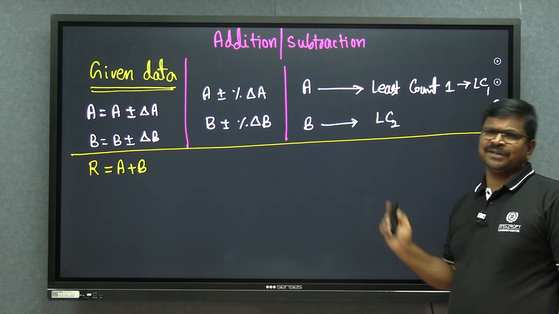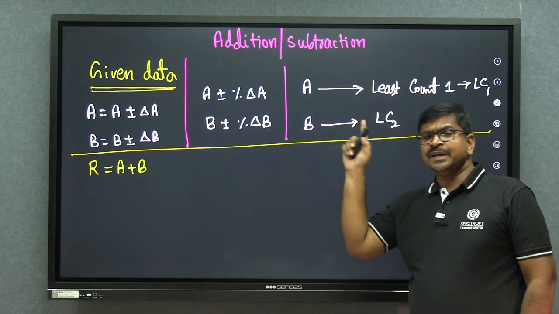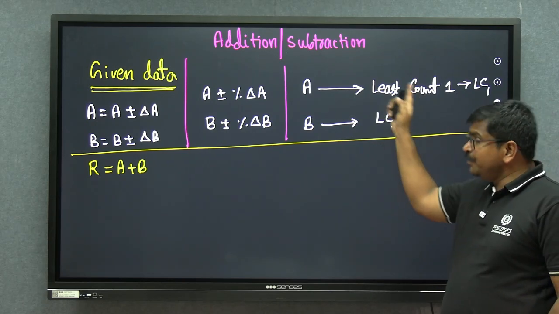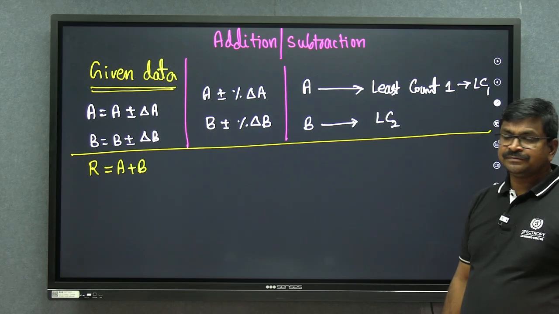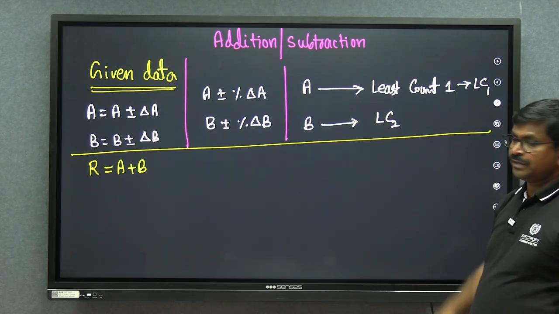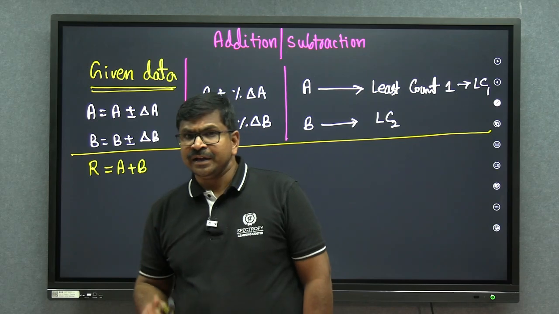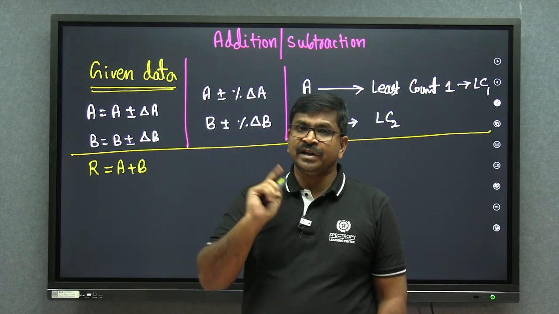They won't mention the error. So always remember, if they don't mention the error and just give the instrument, then the least count will be the maximum possible error, and that will be considered the absolute error. Just now we discussed, in the case of addition or subtraction, which errors are added? Absolute errors are added.